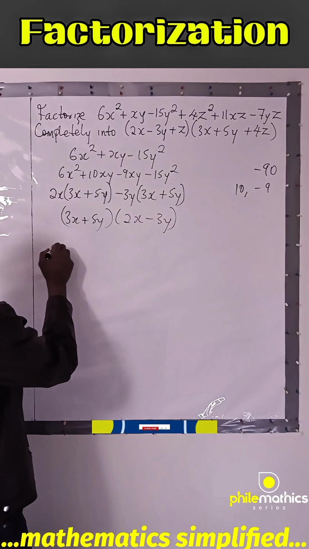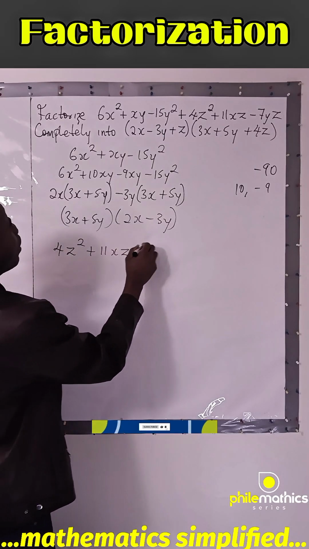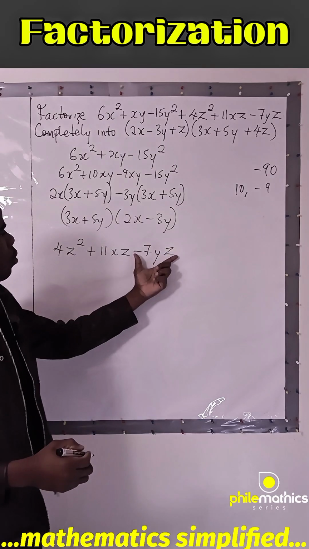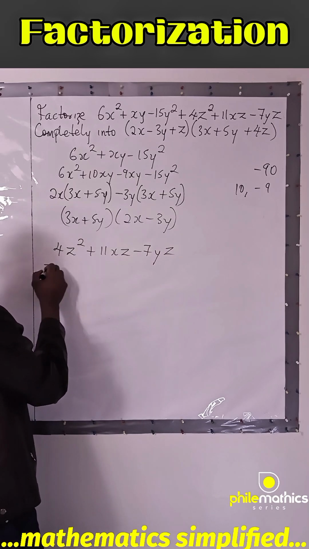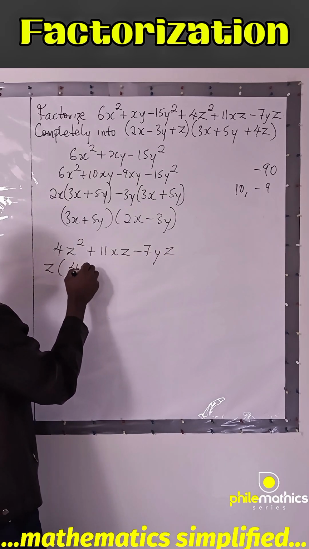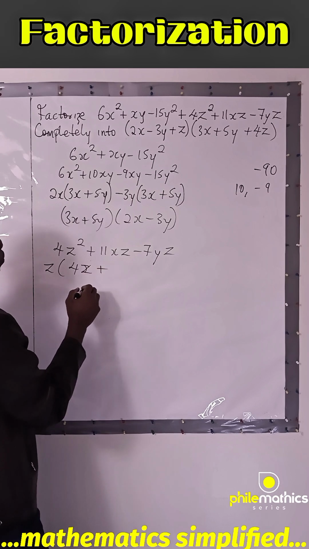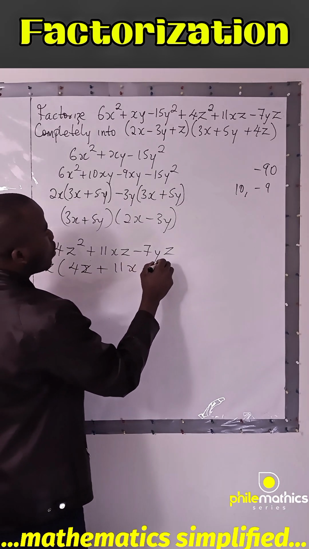Let's factorize 4z squared plus 11xz minus 7yz. The first thing you want to do is to bring out the z because it's common. So we'll have z, 4z plus 11x minus 7y.